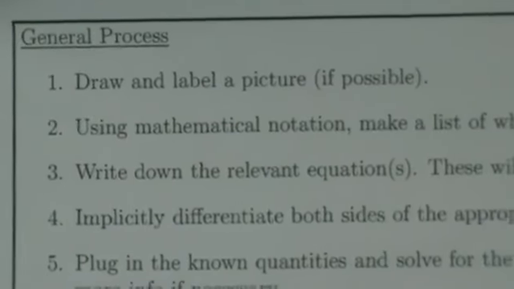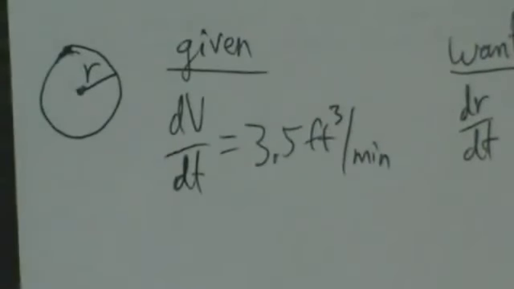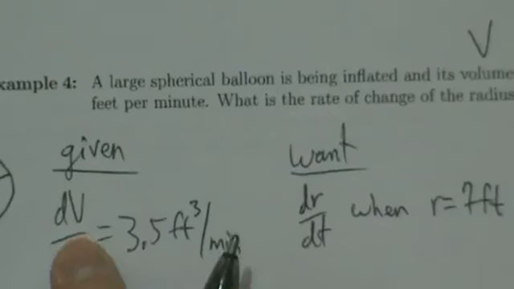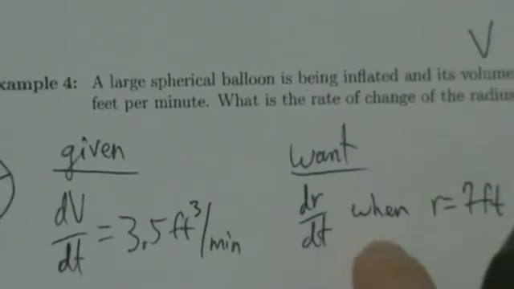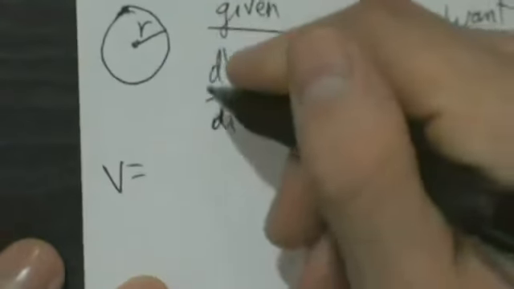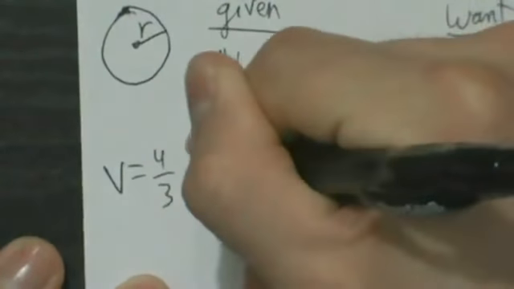Step 3, write down the relevant equations, and they're usually going to be geometric formulas. What are we dealing with here? We're dealing with a spherical balloon, and we're talking about the volume of the balloon and the radius. So we should probably use the formula for the volume of a sphere, which is big V equals 4/3 pi r cubed.